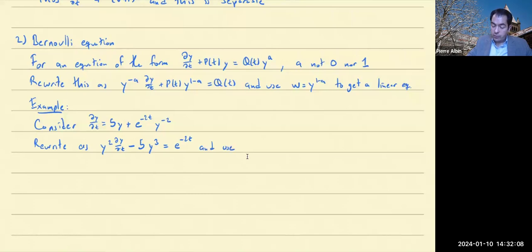And once we've written it this way, we use whatever's multiplying the p, right? So in this case, y cubed. w is equal to y cubed. Okay, so if w is equal to y cubed, notice that then the derivative of w with respect to t is equal to 3y squared times the derivative of y with respect to t, right? And y squared times the derivative of y with respect to t is exactly what shows up here in the first term.